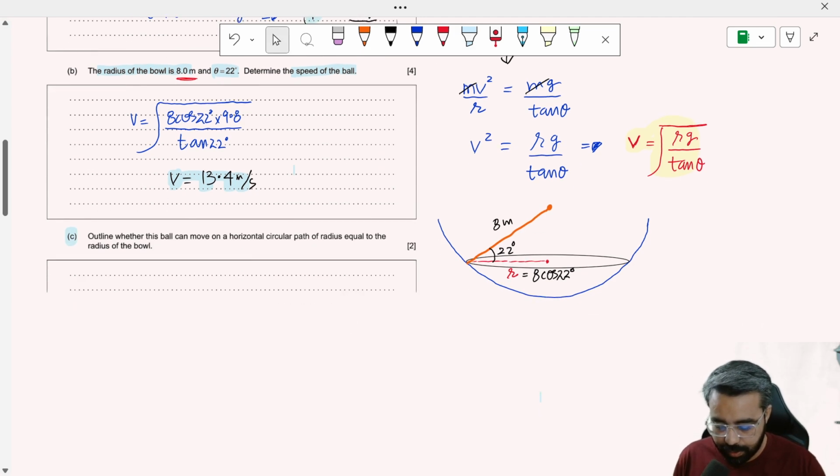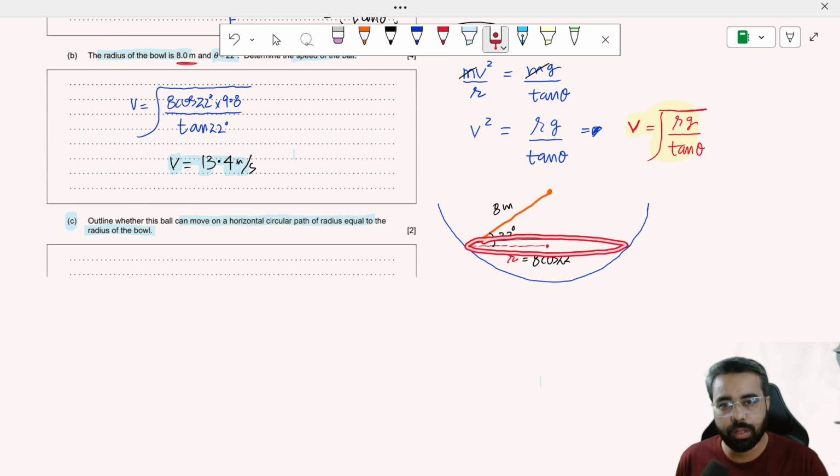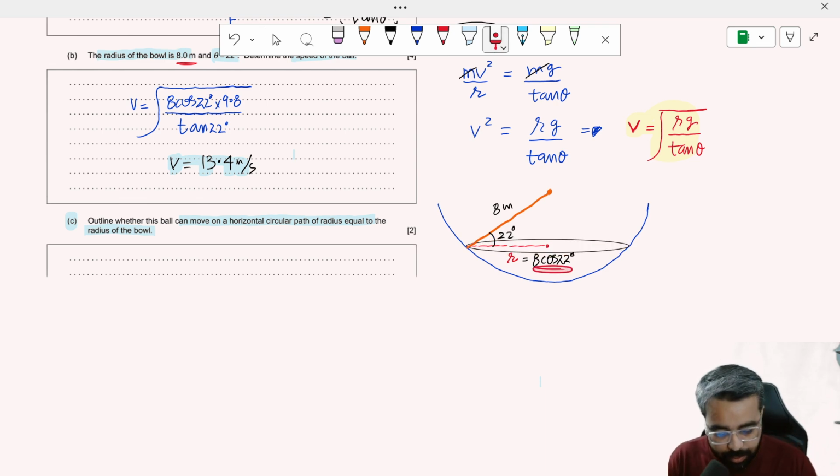In this question they ask whether this ball can move on a horizontal circular path of radius equal to the radius of the bowl. Okay, I will explain. Look at this diagram. This is the horizontal circle of the ball, and its radius, as you have seen, is 8 cos 22, not 8 meters.